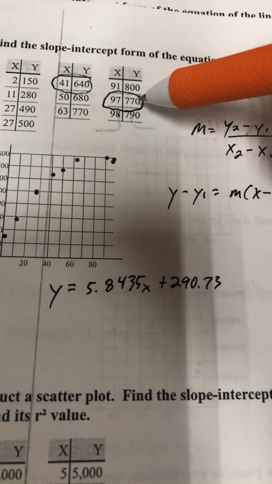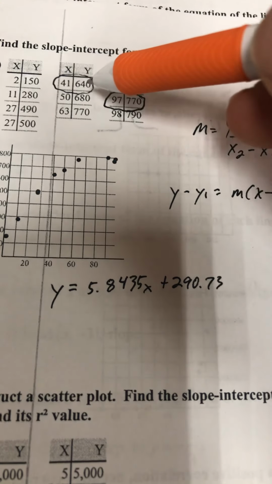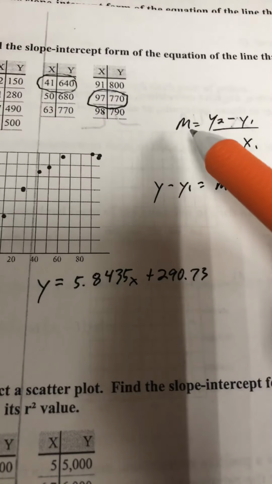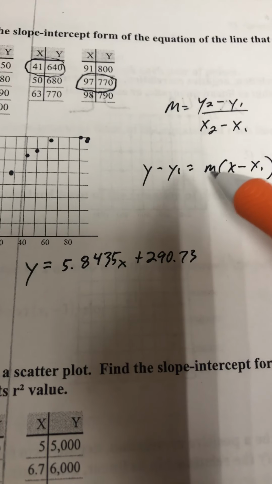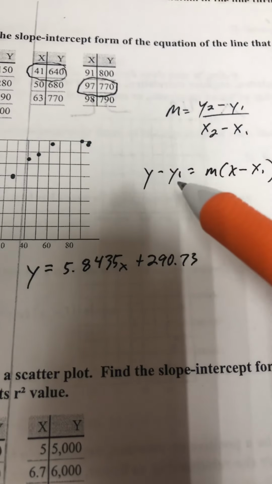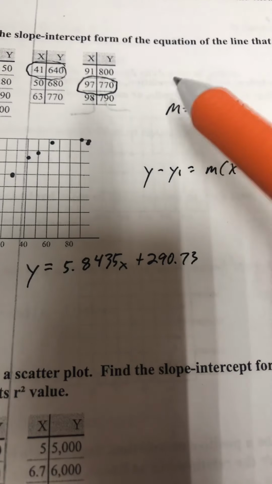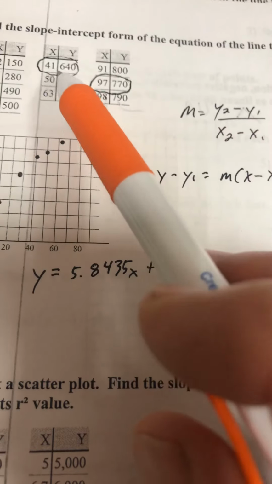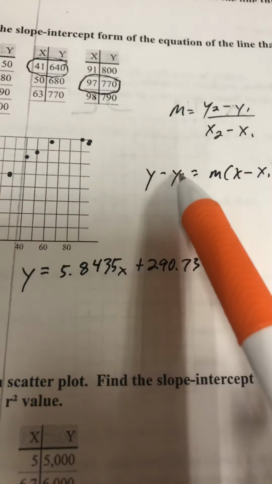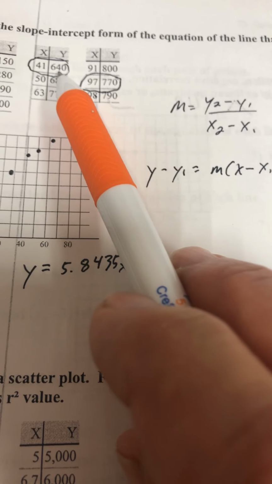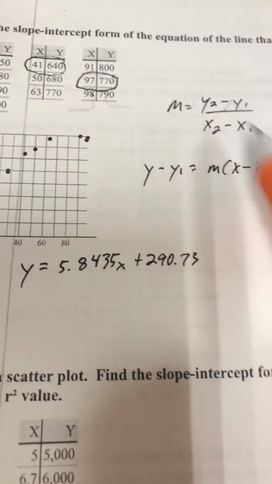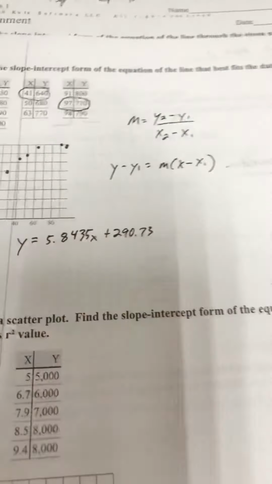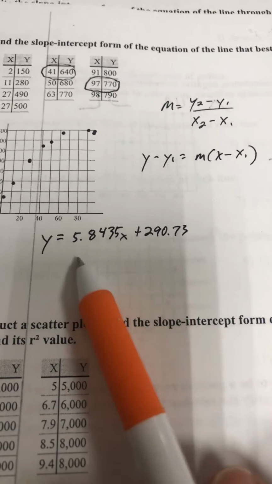So this would be your y2 minus your y1, over your x2 minus your x1, and then you figure out your slope. So you get the slope, you put that in there, and then you pick any of those points. You could pick the points you already picked, and just pick one point, and you put your y in there. So 640 here, and then you put your 41 here, and it comes out like this. It could be a little bit different because you could pick different points, but it should be somewhat close to this.